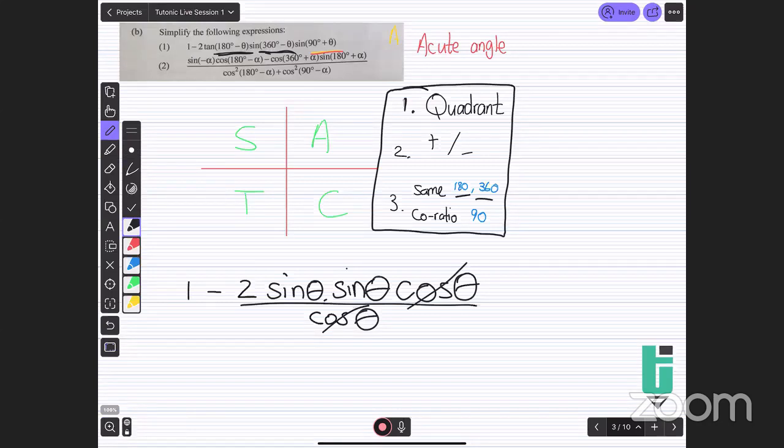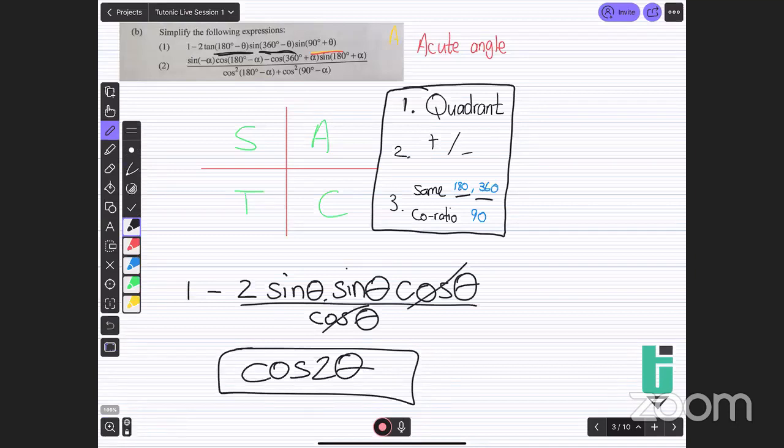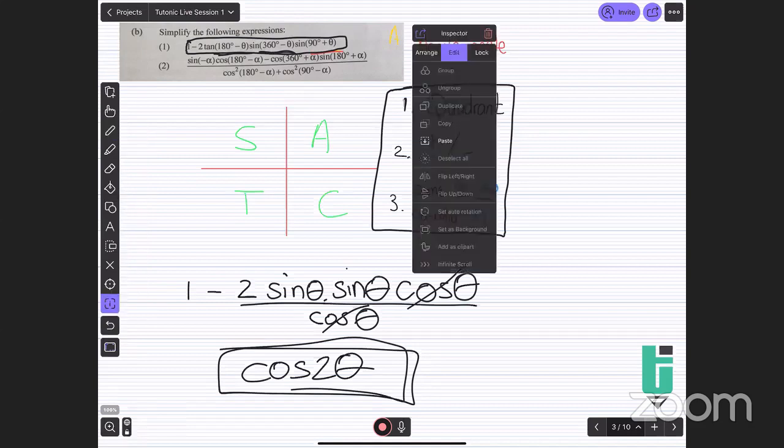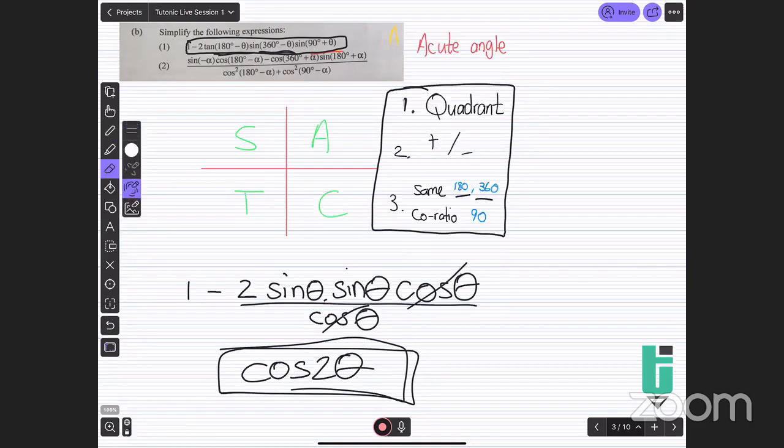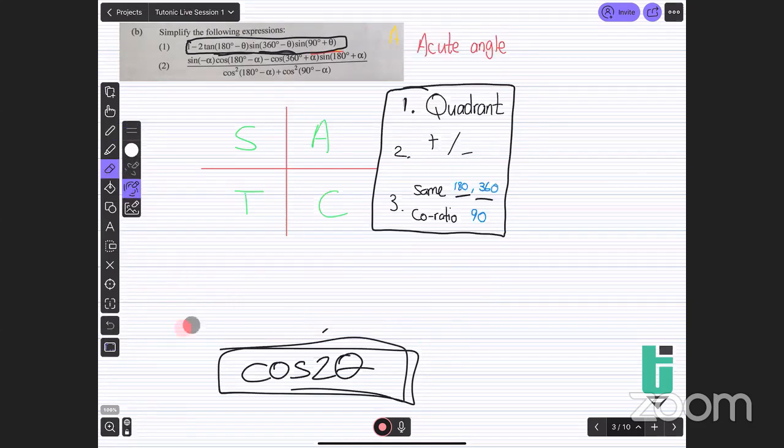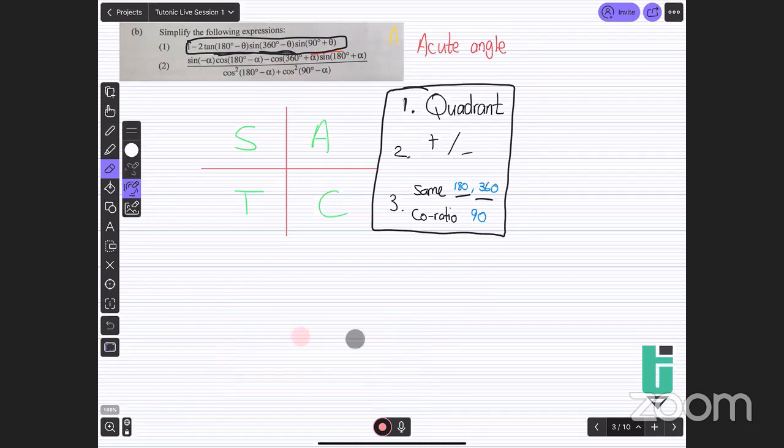And 1 minus 2 sine squared is the identity for cos 2 theta. Okay. So do you see how all that is just that? It just shows how they can overcomplicate things. Okay, so next one.